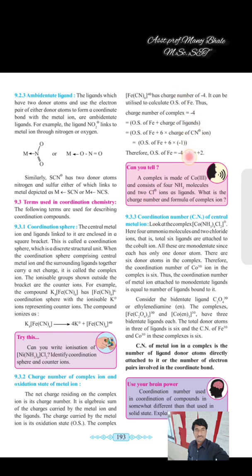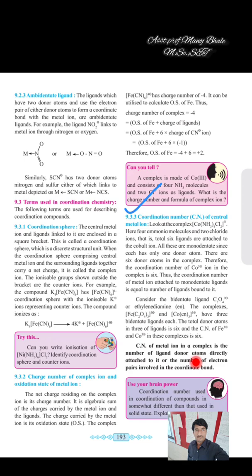I hope all students understand the concept of the charge and the number of the complex ion, and the calculation of the oxidation state better. The next point given there is the coordination number of the central metal. Now what is the coordination number?